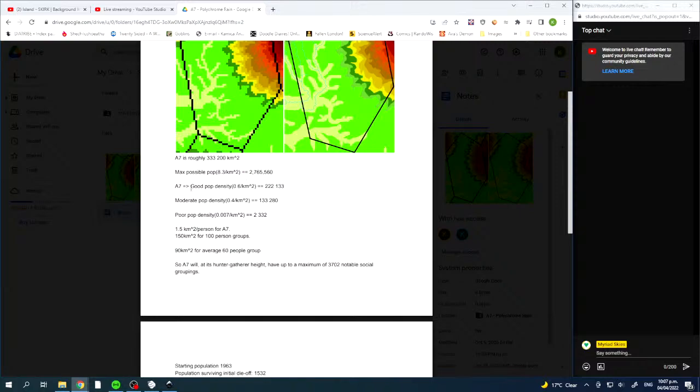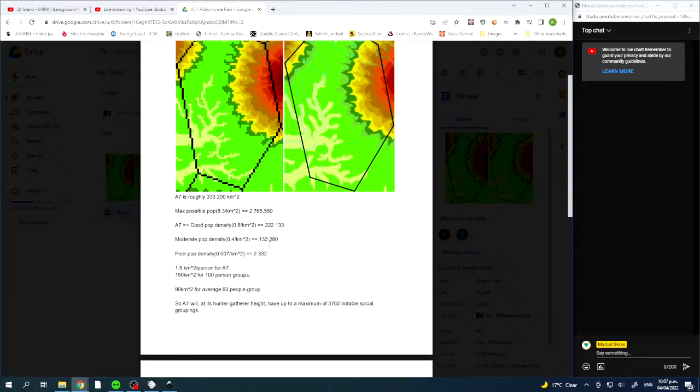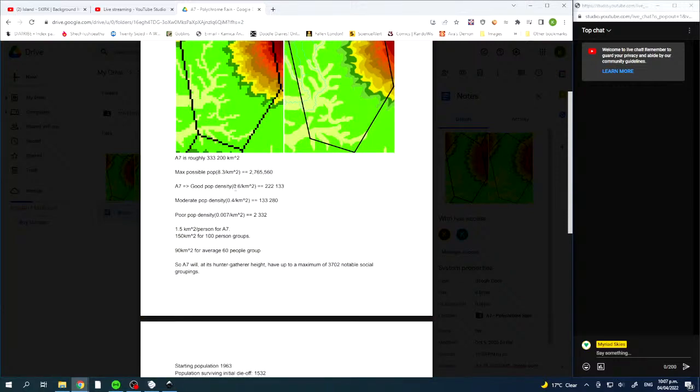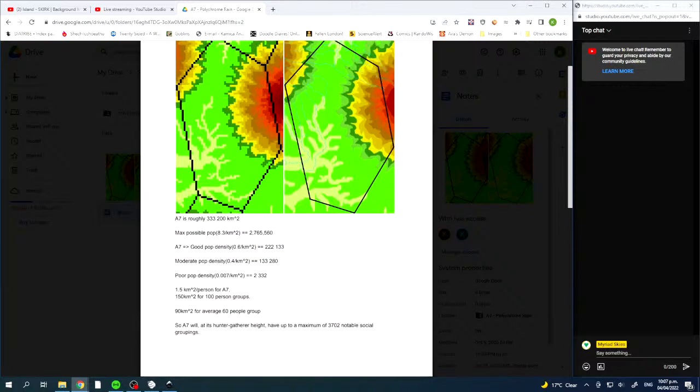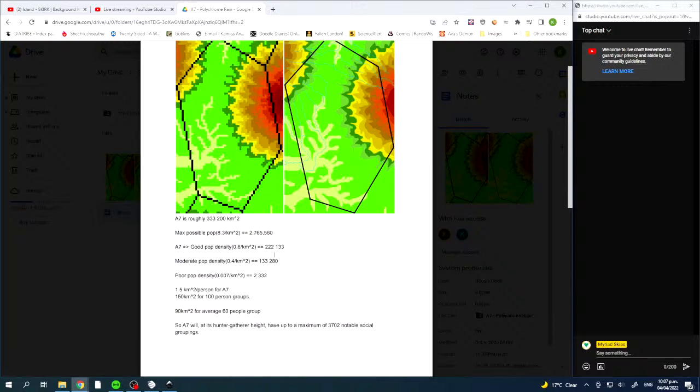I probably won't go for that. I believe I went for the good population density, because it's still a tropical area, especially with the cultivation. I might go a bit higher than that, but I don't think I will. So A7 probably has a population capacity for hunter-gatherers of about 222,000.